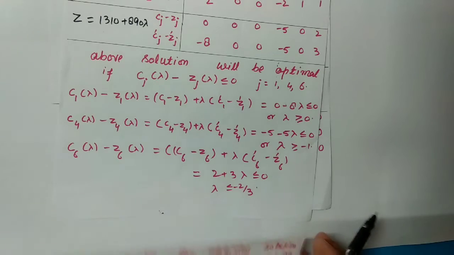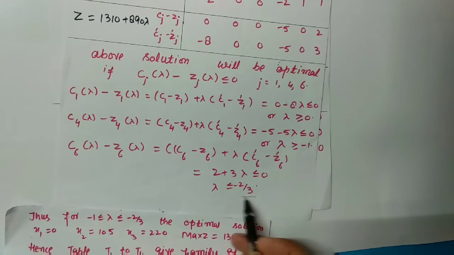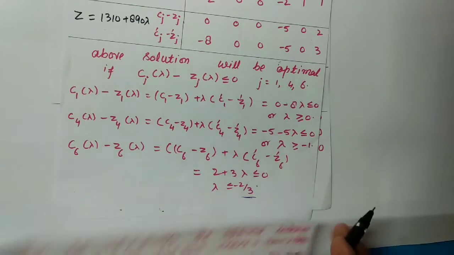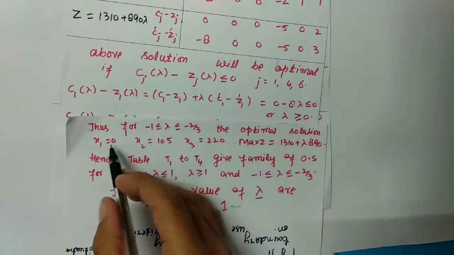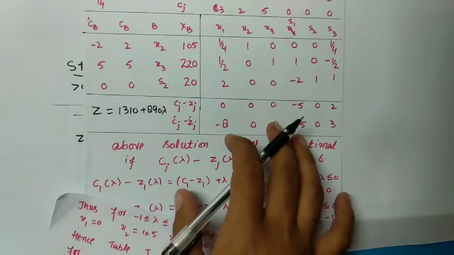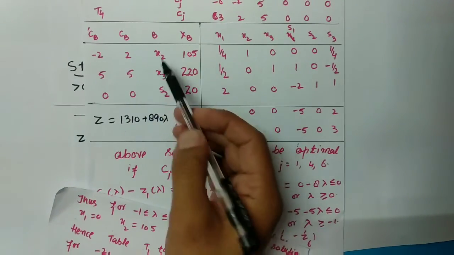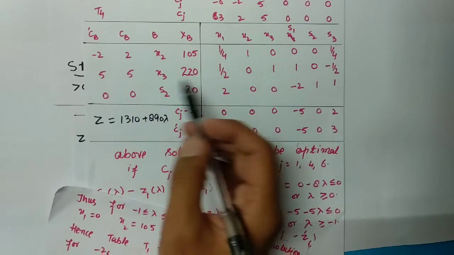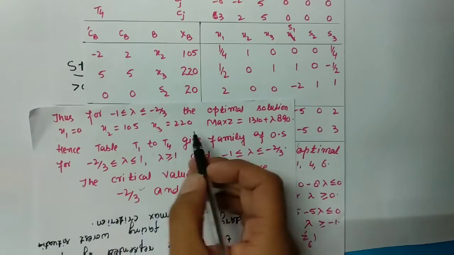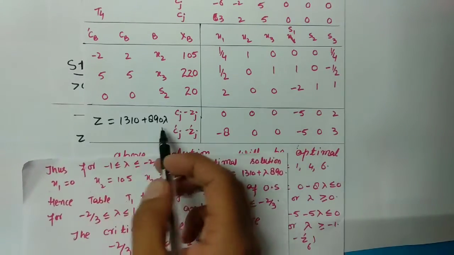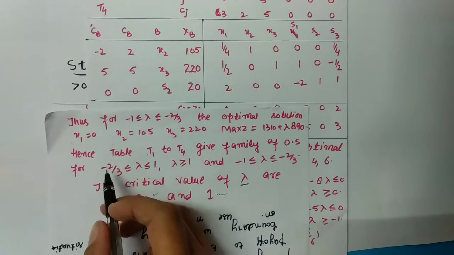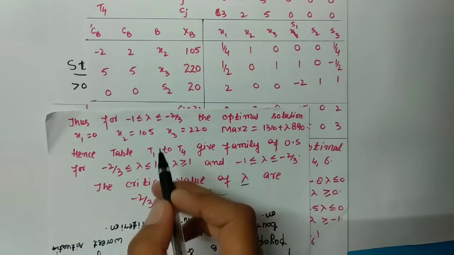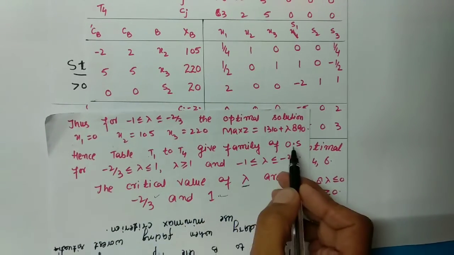Sorry, this is not the highest value, this is the value for which I am going to check the critical point. The optimal solution is here in this table. The optimal solution corresponding to x1 is 0, x2 is 1 by 105, x3 is 220. And the maximum Z is here. Hence tables 1 to 4 give a family of optimal solutions.